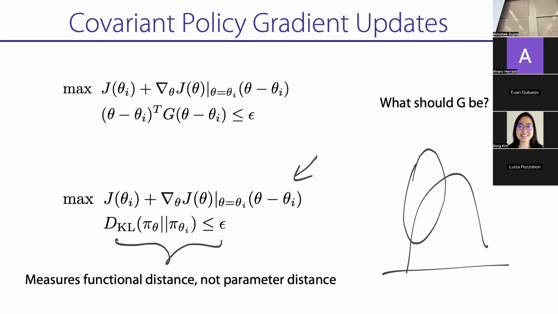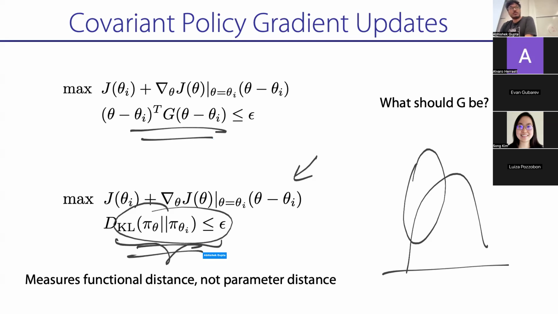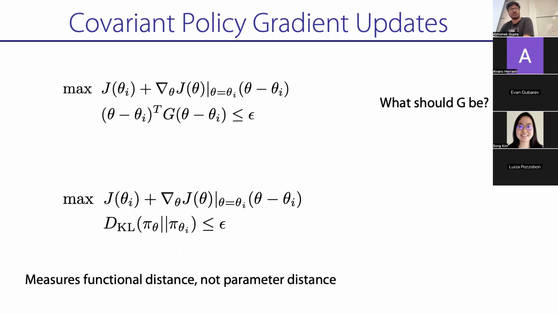And so this constraint is what you call a trust region. So you're saying that you don't want to change outside of the trust region, but rather than having a norm in terms of parameters, you're going to have a norm in terms of the induced probability distributions. Does that make sense? You're saying the function shouldn't change that much, not that the parameters shouldn't change that much.